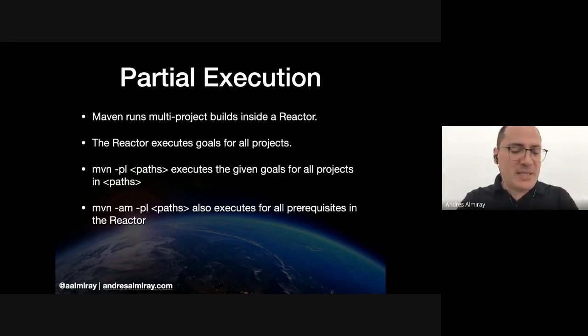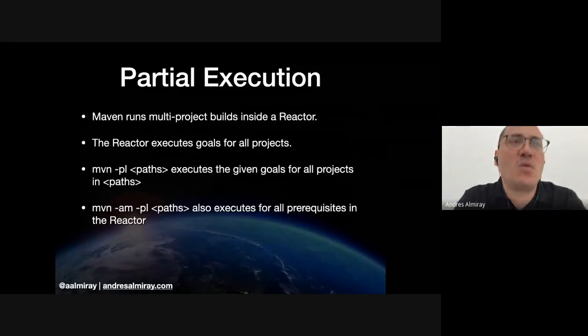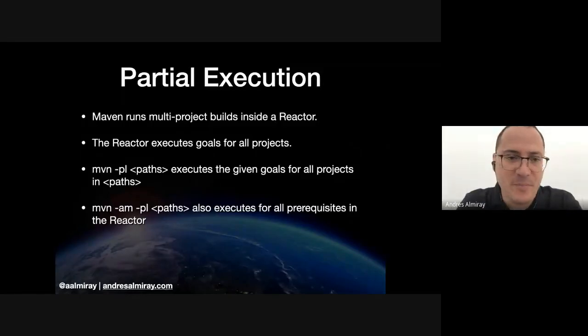But when you're building a multi-project build, and I expect most of you to have encountered a build like this at least once already in your developer career, every time that you run a multi-project build, there's something called a reactor. A reactor is the entity that understands how the different relationships within the projects work inside a single multi-project build. Now, I don't know why the name reactor came to be, but I do know that the reactor did not exist in core when Maven 2 came out.